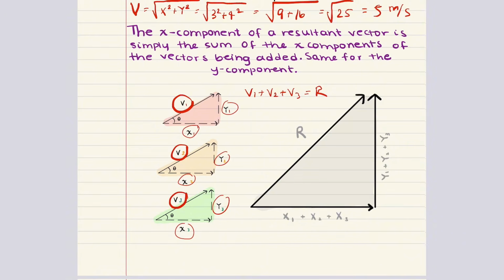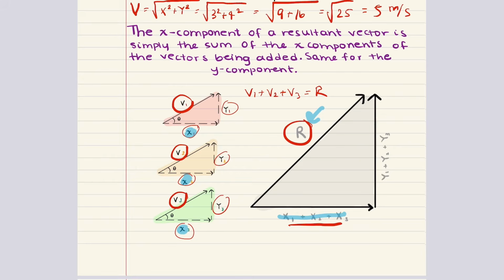So what that means is that the x component of our resultant vector is simply the sum of the x components of the vectors being added. It's simply going to be x1 plus x2 plus x3, and that gives us our new x component for our resultant vector.